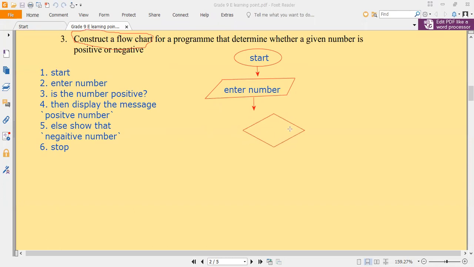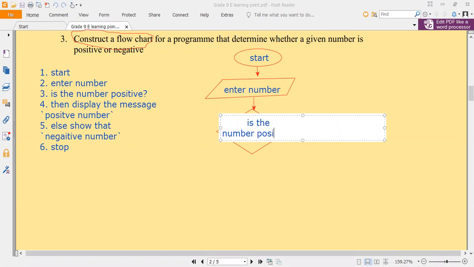We'll have it like that, but I haven't done too well. So that is the decision shape. Then we also need to write the question inside by asking, is the number positive?